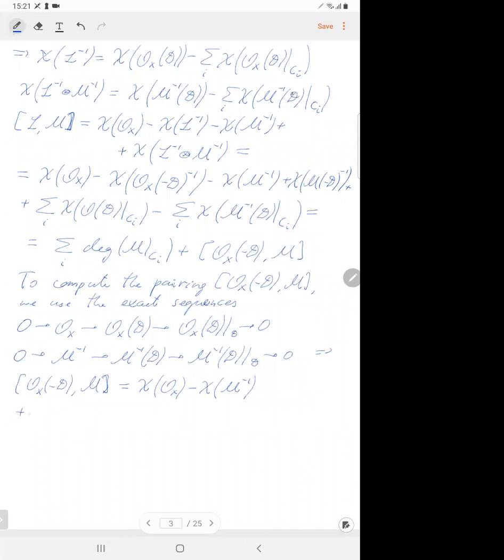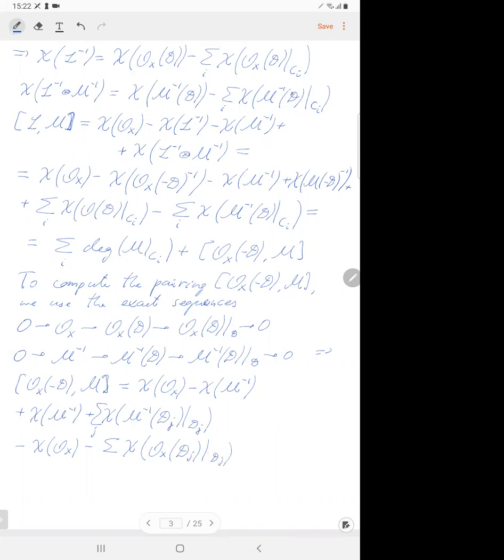Plus the Euler characteristic of M inverse of DI restricted to DI, or maybe J, I should say J. And also minus the Euler characteristic of OX minus the sum of Euler characteristics of OX of DJ restricted to DJ.